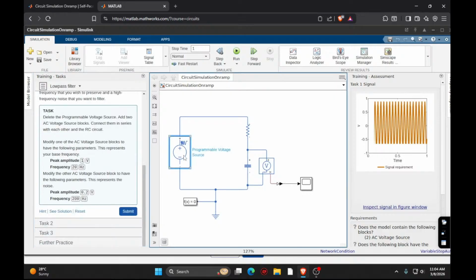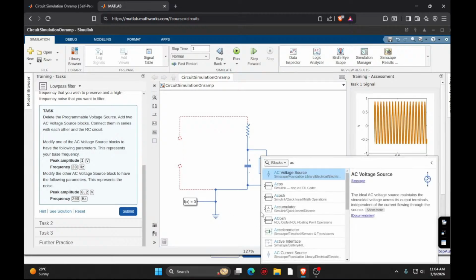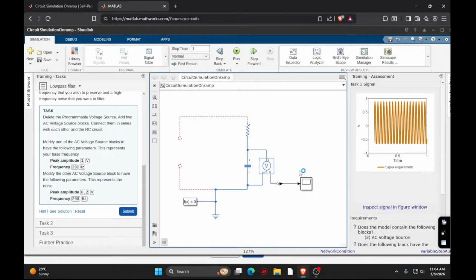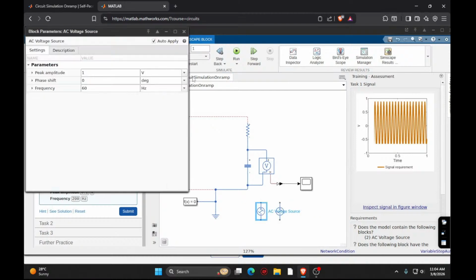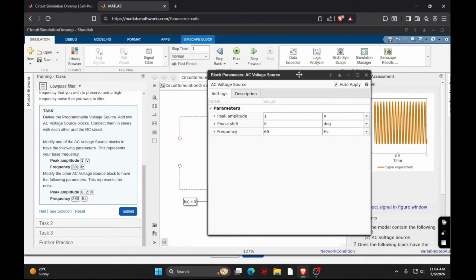Split the programmable voltage AC source. Add two AC voltage sources. I have to modify it. Modify one of the ACs to have a peak amplitude of 1 and frequency of 20 hertz.